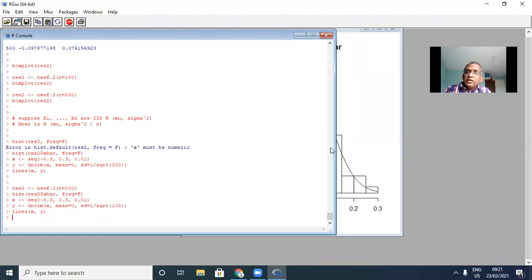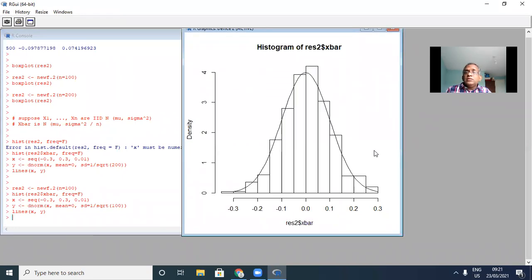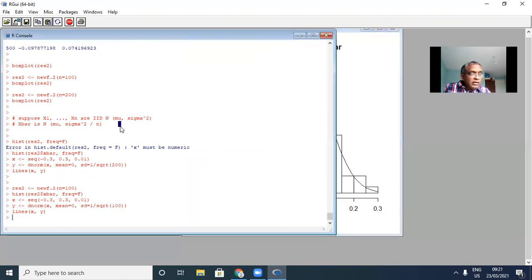Once again you see that the plotted density of the normal fits the simulated histogram pretty well, as it should. Okay, so this completes the second part of the tutorial.